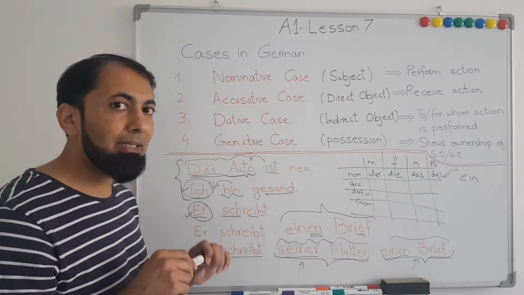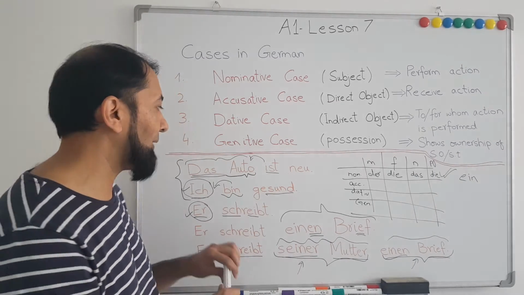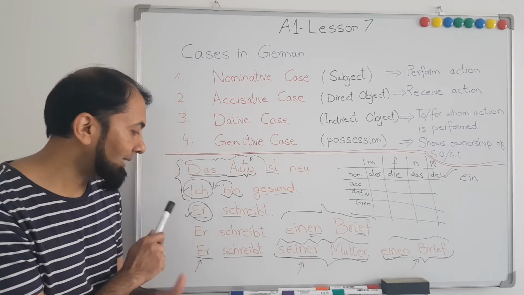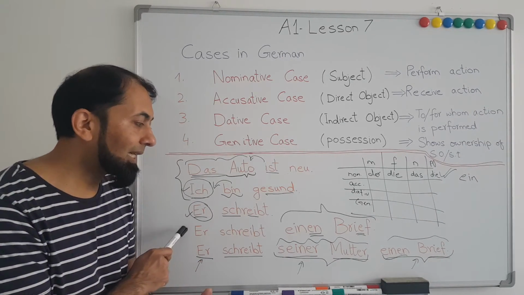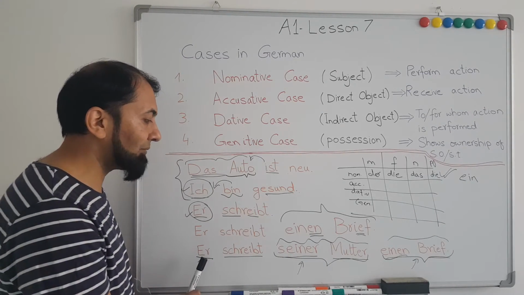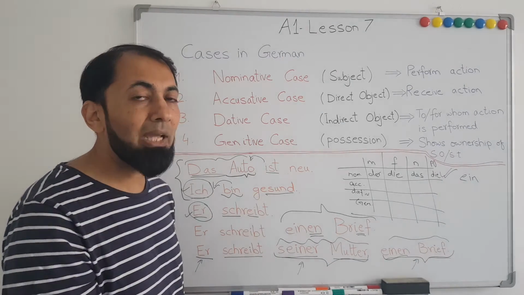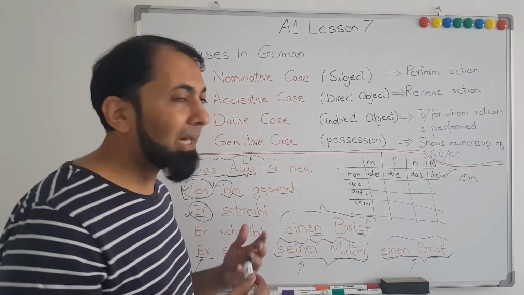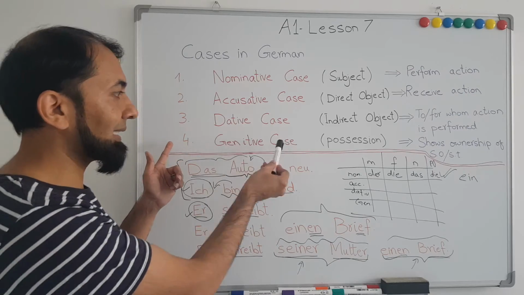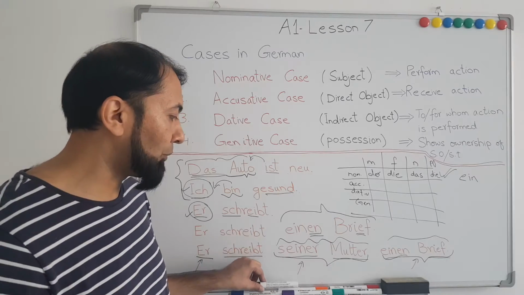So it can be the case that we have only nominative case in one sentence. It can be the case we have nominative and accusative. It can be the case that we have nominative, accusative, dative, and genitive, depending on the nature of the sentence. We haven't covered this example here because it would be too much for us.